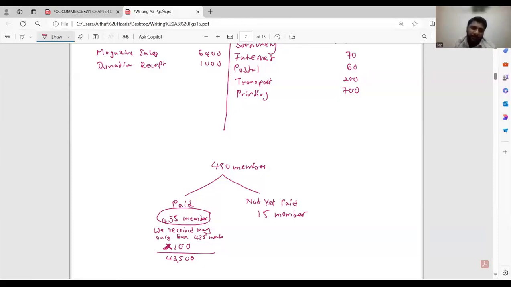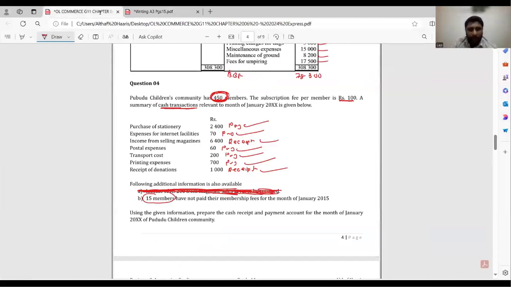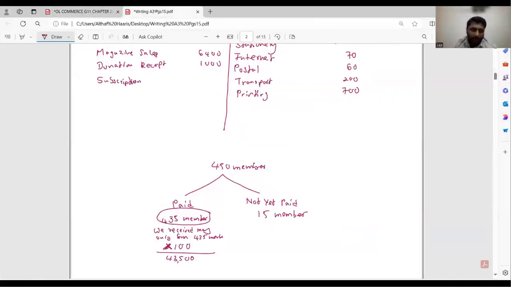So subscription fee received, subscription receipt, only 43,500.